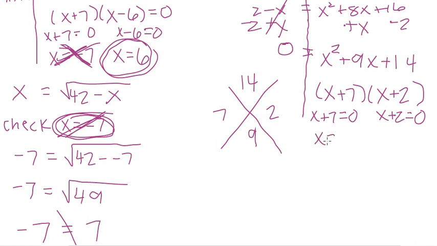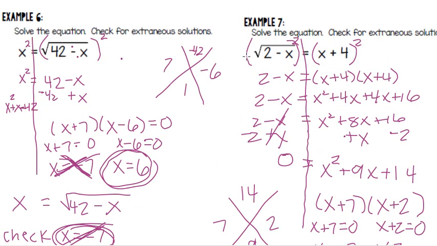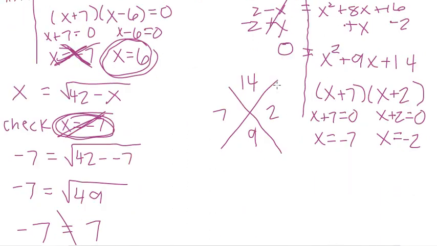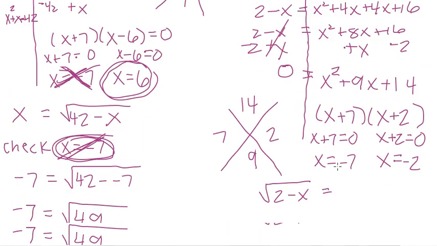So I've got x equals negative 7, maybe, and x equals negative 2, maybe. All right, let's see what happens. So I've got the square root of 2 minus x is equal to x plus 4.